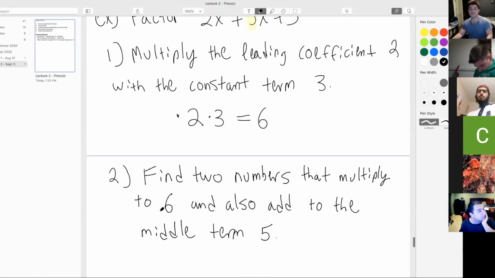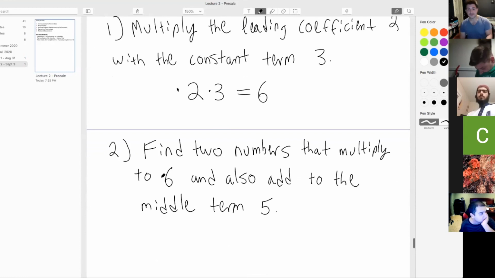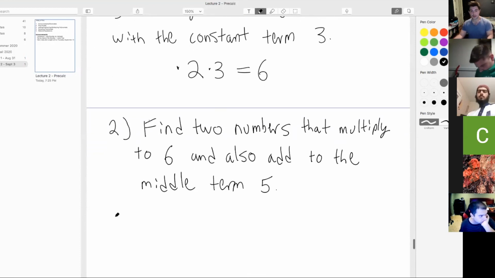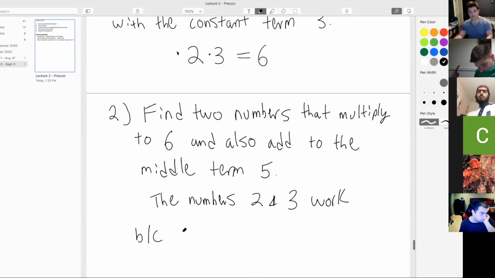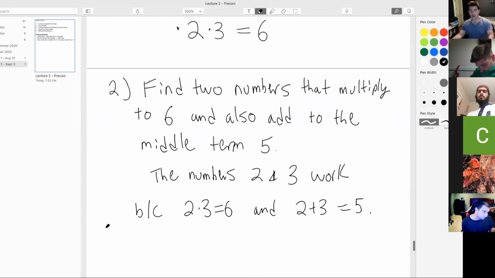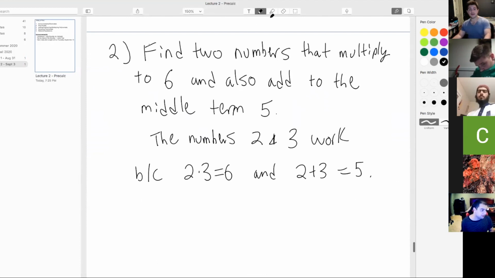So we're seeking two numbers that multiply to 6 and add to 5. Well, the numbers 2 and 3 work, because 2 times 3 is 6, and 2 plus 3 is 5. So we found our numbers.